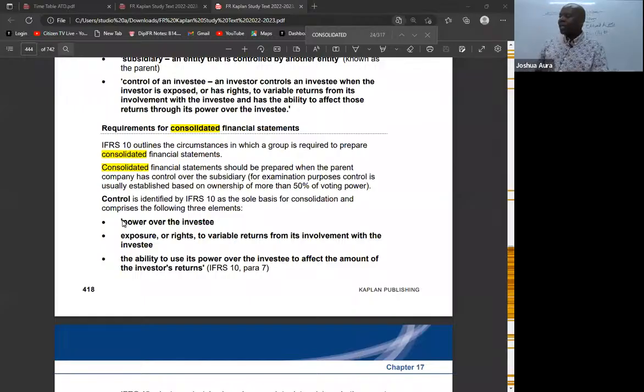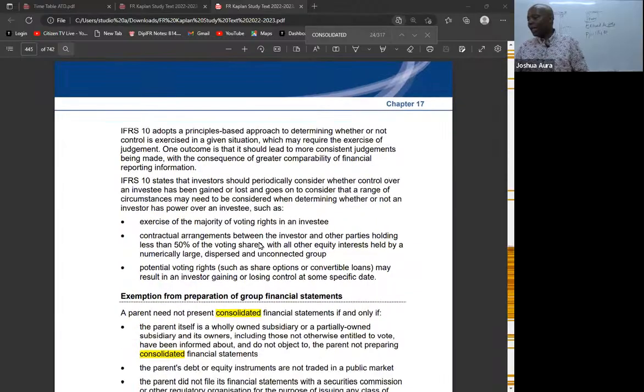So you're saying here that control is identified by IFRS 10 as the sole basis for consolidation, and comprises the following three elements. We have here the power over the investee, exposure or rights to variable returns from its involvement with the investee, and the ability to use its power over the investee to affect the amount of returns.